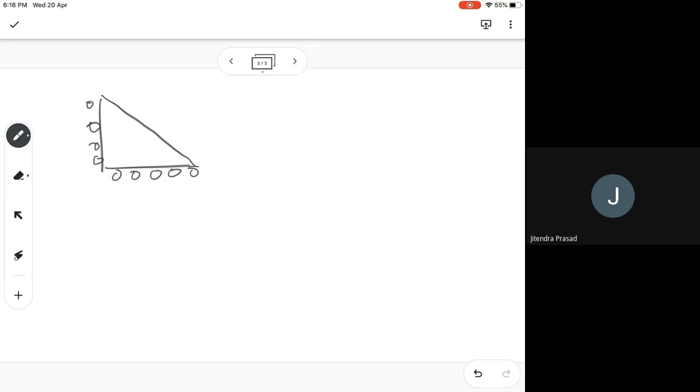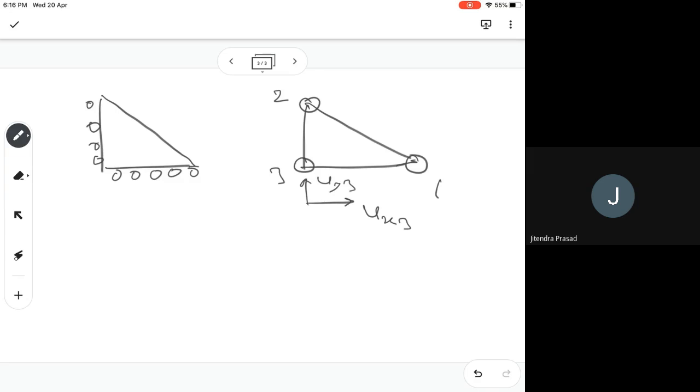So if you have a triangle like this, and we are calling 1 here, 2 here, 3 here, then you have u x3, u y3 here, and here you have u x1, u y1, u x2, u y2.